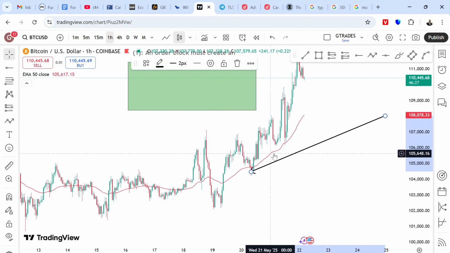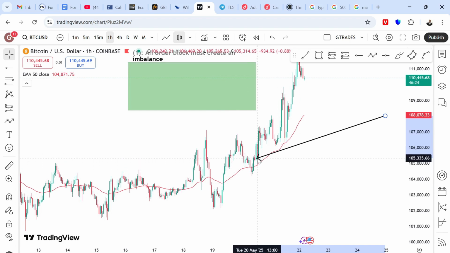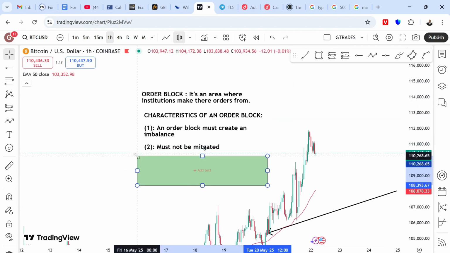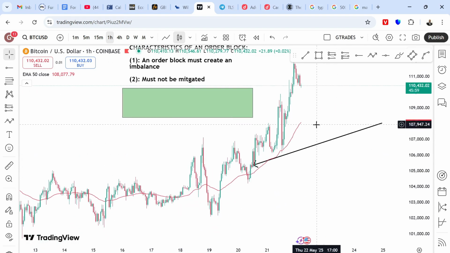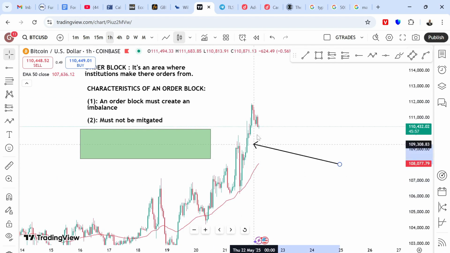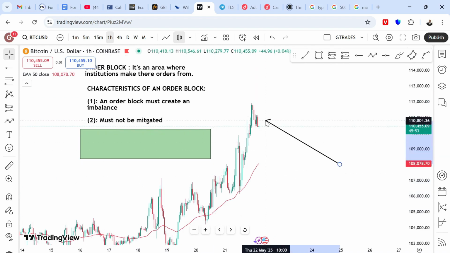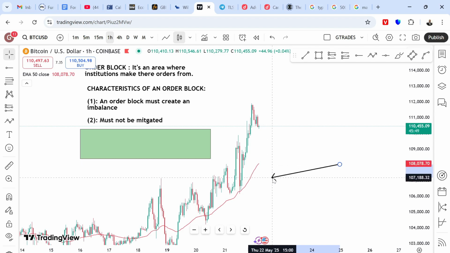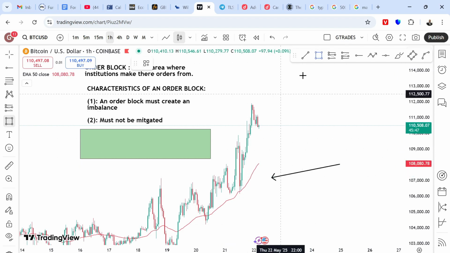Number two, a characteristic that you can use to identify an order block is that the order block must not be mitigated. Now I want to talk about mitigation. It means that price mustn't have come back to that zone yet, right? The moment price comes back to that zone and mitigates that zone, that particular area is no more an order block, right?